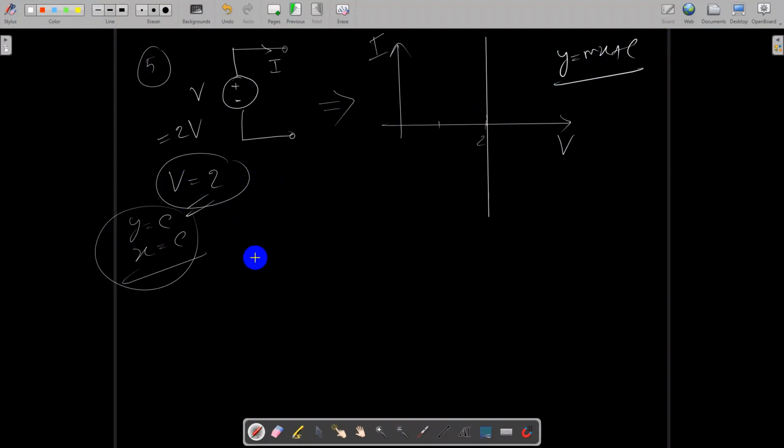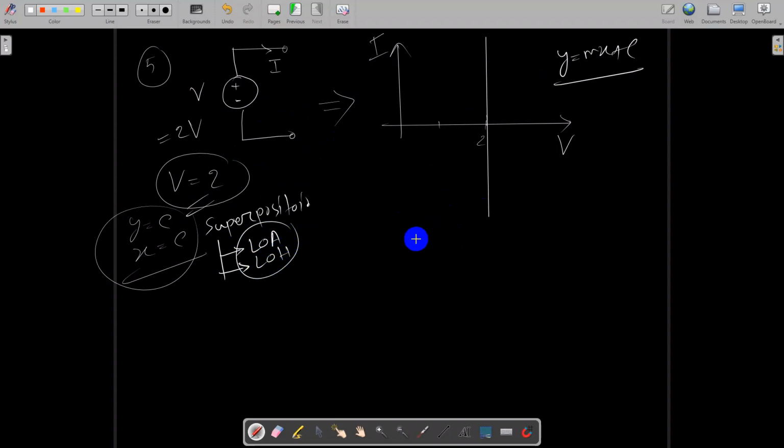Now I will show you the proof. To be linear, it has to obey superposition, and to obey superposition, it has to obey the law of additivity and the law of homogeneity simultaneously. If any of them breaks, it will not be linear.